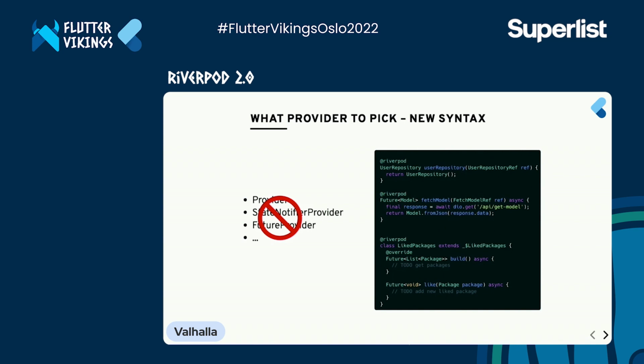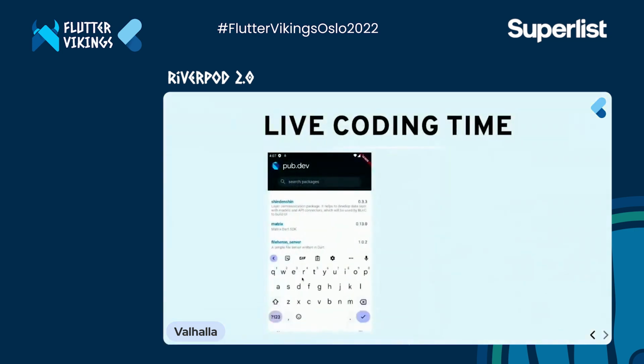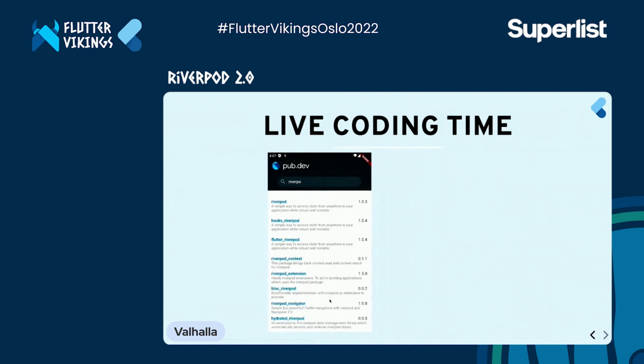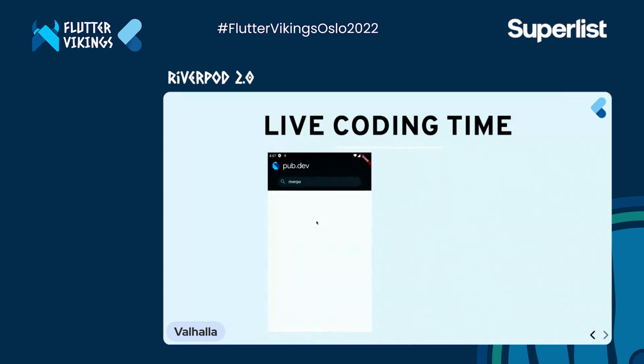So I could show you directly how to use this syntax, but we've discussed it before. We're lacking some step-by-step tutorials and all. So I figured, why not use this opportunity to do some light coding together and build an application that you can see here, a pub.dev client, listing the various packages from pub.dev.